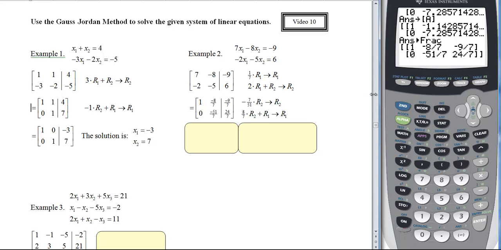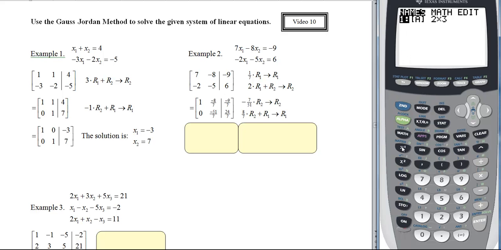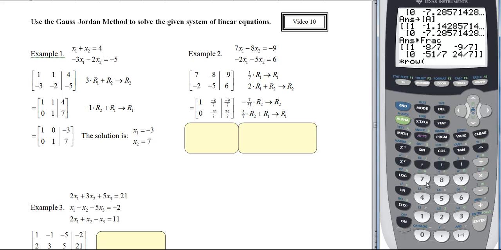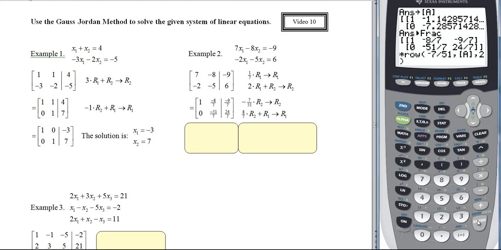So let's go. Negative 7 over 51. All I'm doing here is multiplying. So negative 7 divided by 51, comma, second matrix, comma, row 2. See if we get our 1.